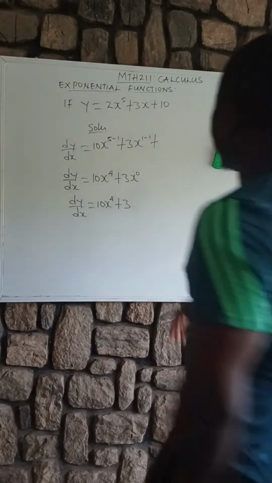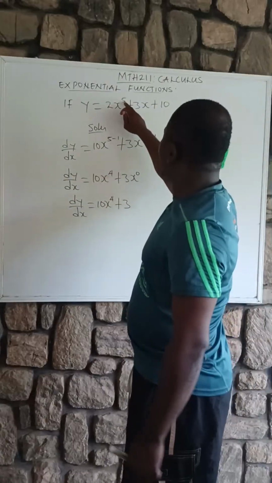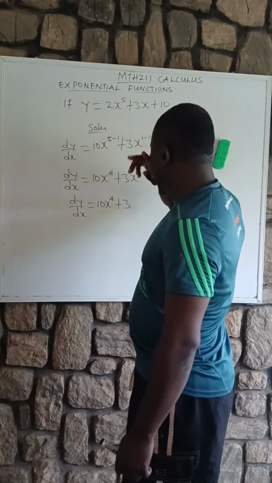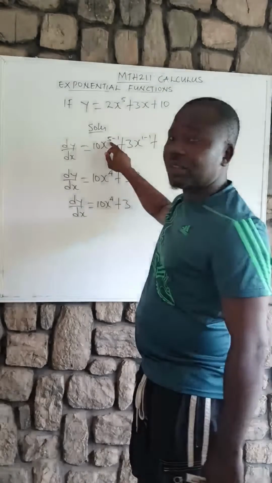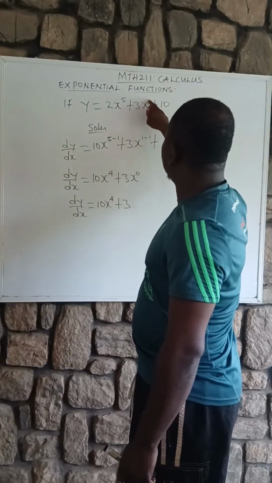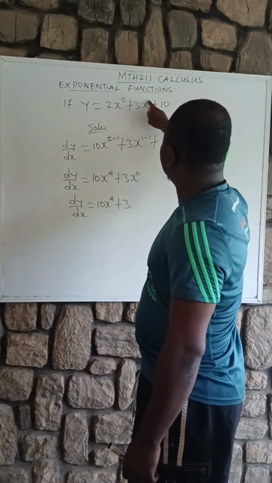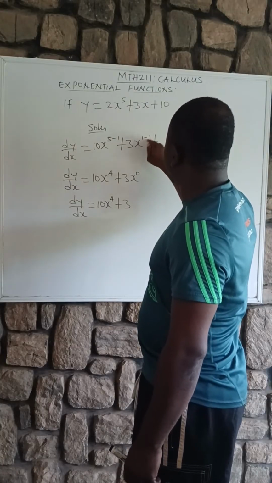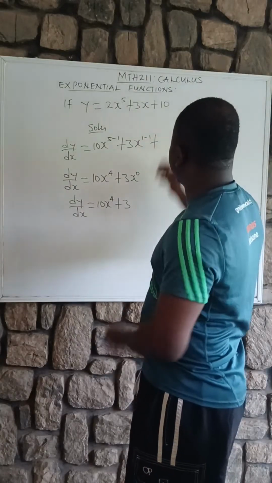Yeah. Then 5 times 2, is it not 10x raised to the power of what? 5 minus 1, plus 3x. Invisible 1 is here, so 1 times 3, 3x raised to the power of 1 minus 1. Then here I said it's 0.